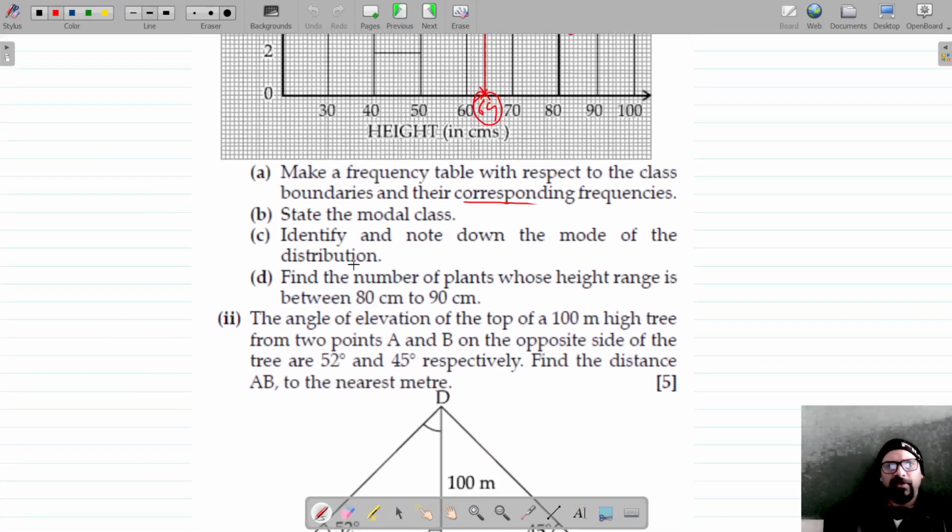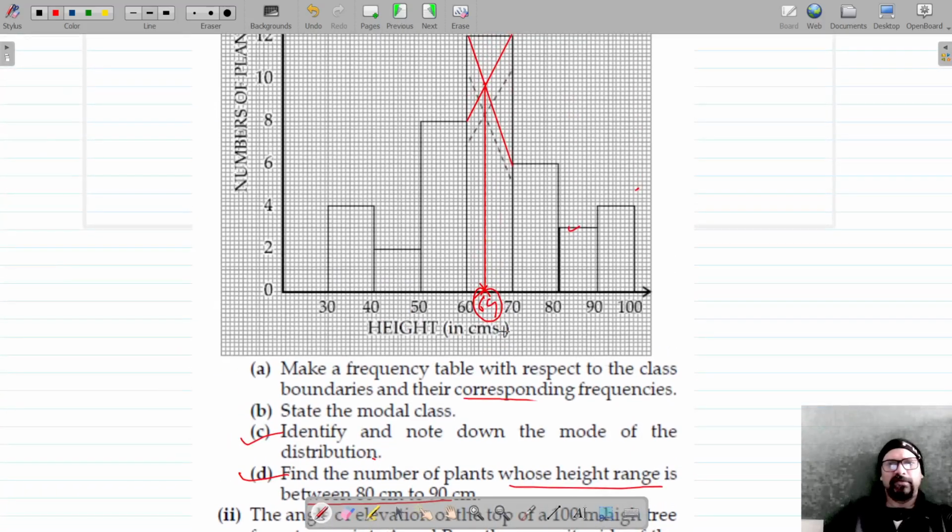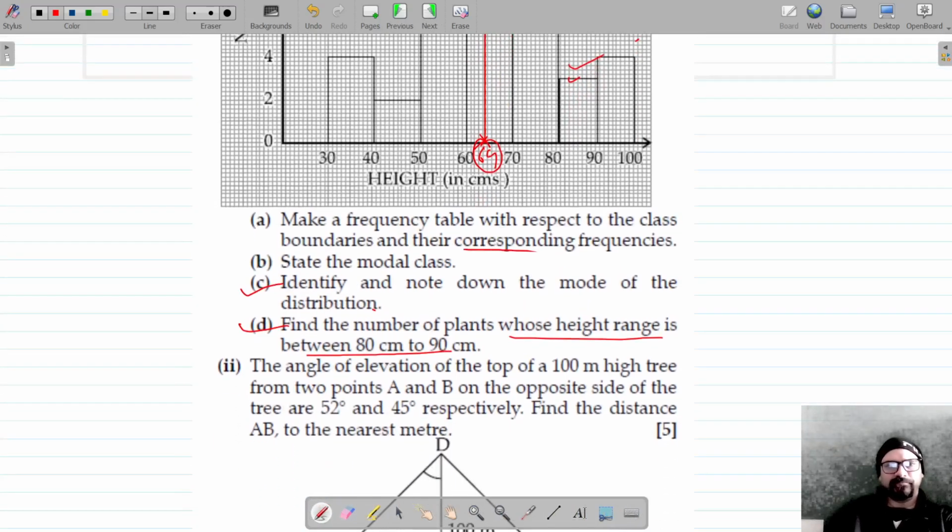The next one: find the number of plants whose height range is between 80 to 90 centimeters. For 80 to 90 centimeters, the number of plants should be 3. Let's draw a line from here to this, and this is exactly the midway of 2 and 4, so this is 3.